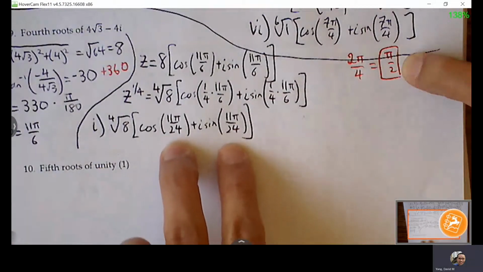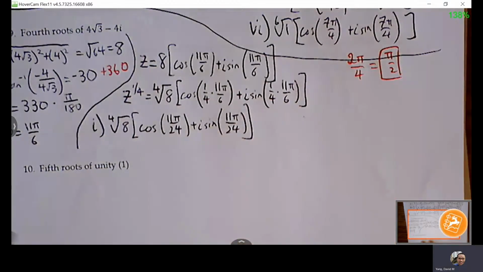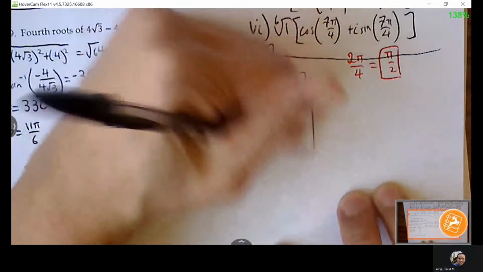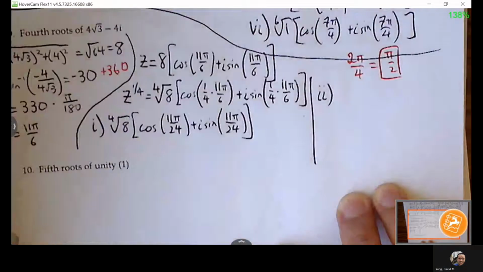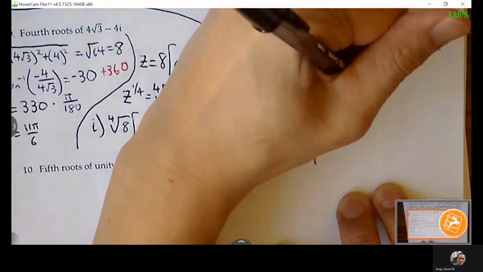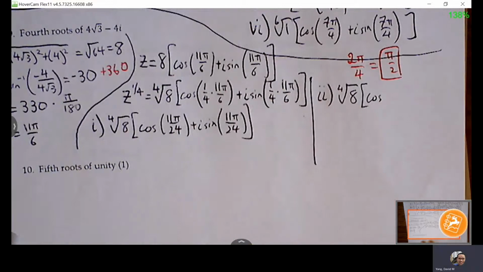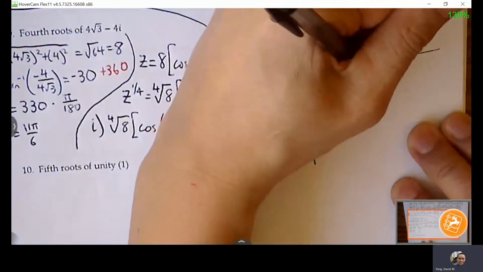You're just going to keep adding pi over 2 in your calculator to get to the next interval. 23 pi over 24.